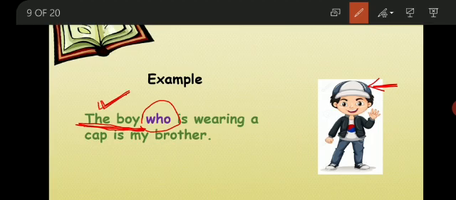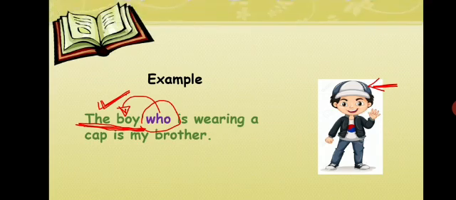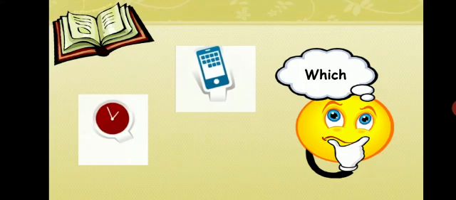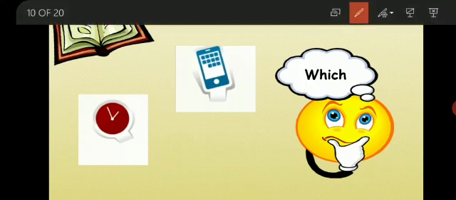Sometimes relative pronouns also tell information about the nouns used previously, as who is giving the information about the noun used previously. So who is used for mentioning persons. Next pronoun, which. The pronoun which is used to represent objects.